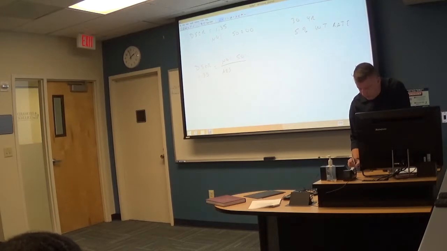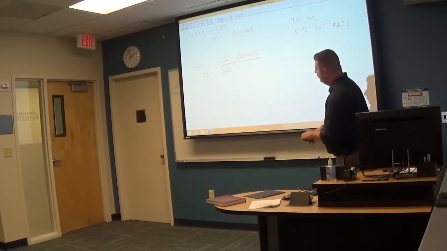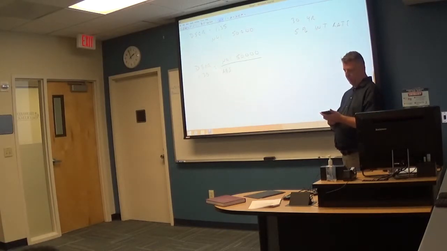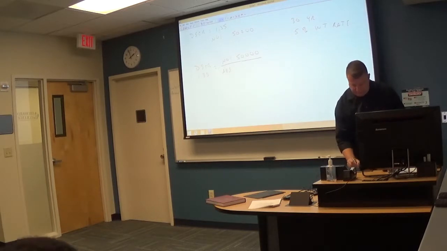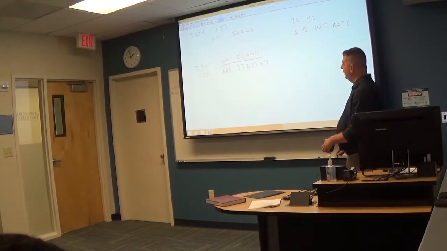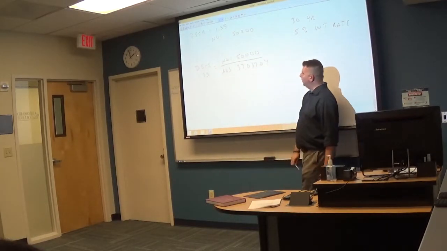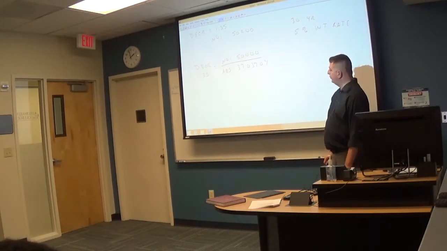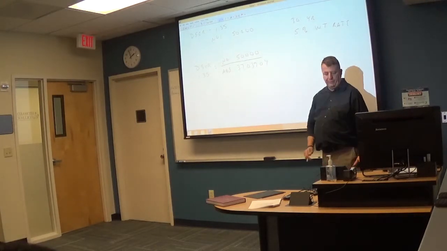So if we know that our net operating income is $50,000, then our maximum annual debt service is $37,037.04. How'd you get that? 50,000 divided by 1.35 equals 37,037.